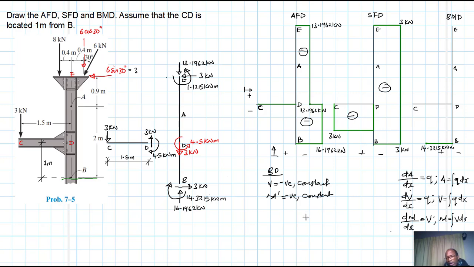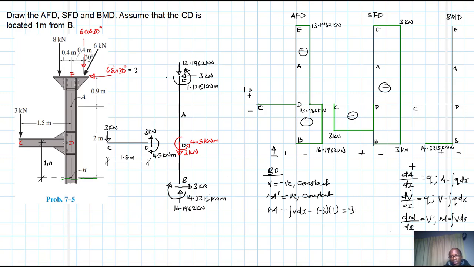And then we need to calculate the magnitude of this moment, which is just the integral of V dx. We can compute it to just be minus 3 times 1. From B to D that length is 1, which just gives us minus 3.